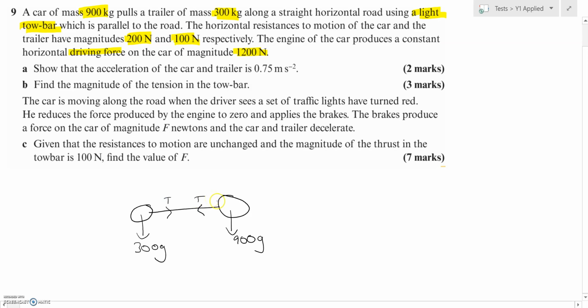The car and trailer have resistances of 200 and 100, so 200 there and 100 there. The driving force of the car is 1200, so it's going to be accelerating this way, but we don't know what the acceleration is this time, and you can put some reactions in.